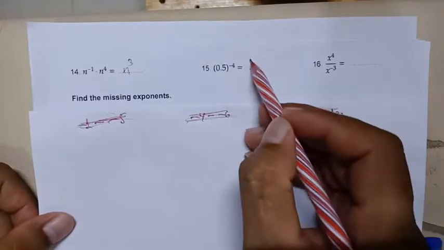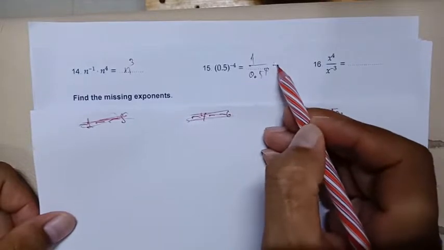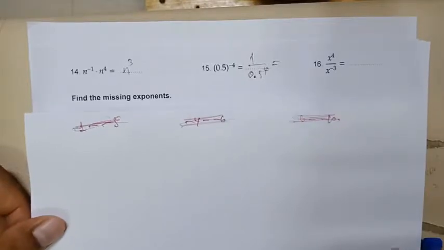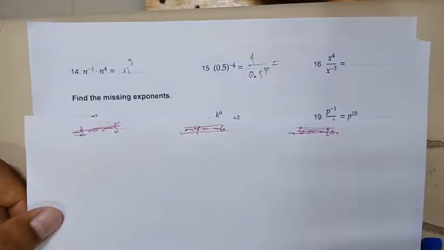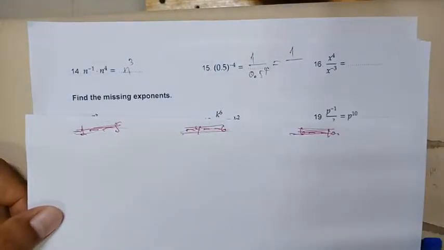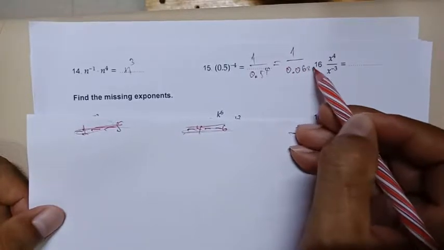This will have 1 over 0.5 raised to 4. So 0.5 raised to 4 is equal to 1 over 0.0625.